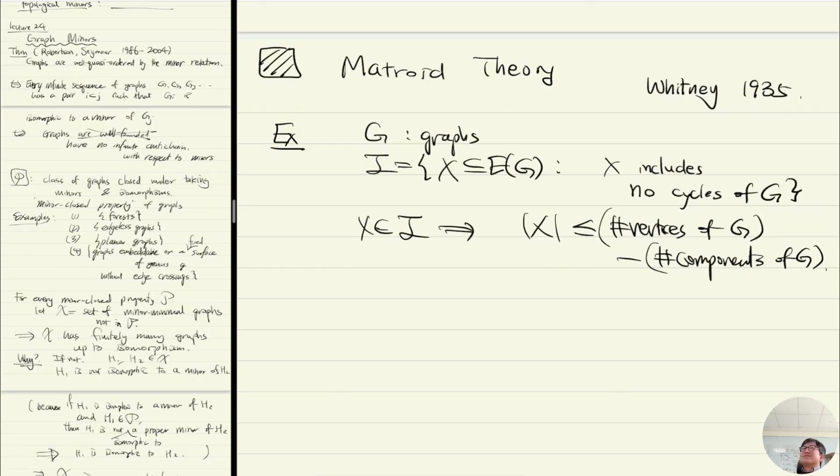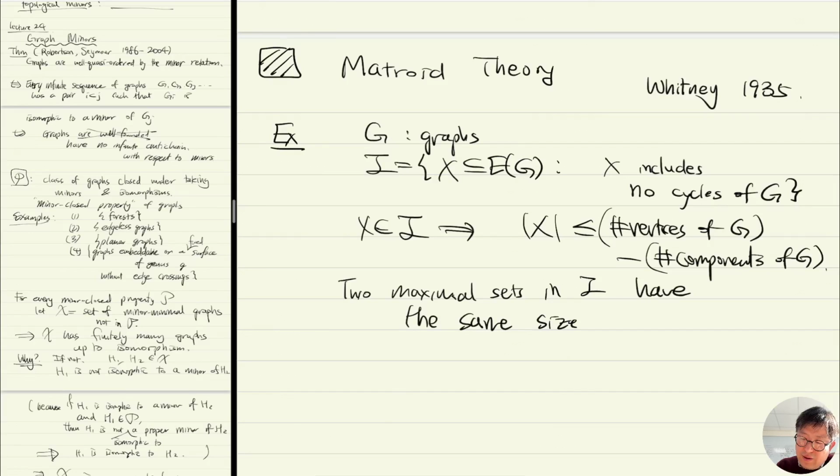And there are more properties. If you have the same graph, two maximal sets in I have the same size. Let's think of the simple case. If you have a connected graph, look at the maximum set of edges having no cycles.